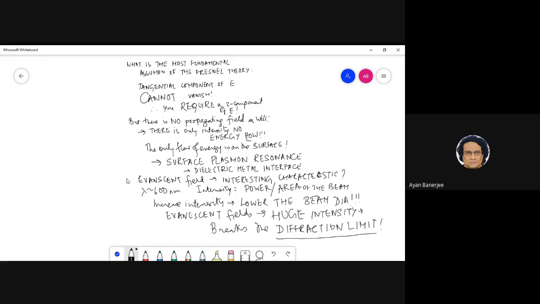For any propagating beam, you cannot go to lower spot sizes than this, and that can only be broken by using evanescent fields. You can generate humongous intensity which cannot be obtained otherwise, and that has a lot of use in optical trapping itself, because you can generate enormous laser intensities and therefore very high stiffness optical traps.